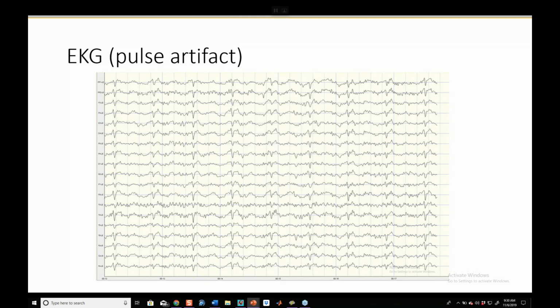Where you're not seeing the artifact, in this case, where you're not seeing the heartbeat, is where the heartbeat is. Because of common mode rejection, T3 in this case, minus the linked ears that has that same heartbeat in it, it's removing the heartbeat from the channel, right?